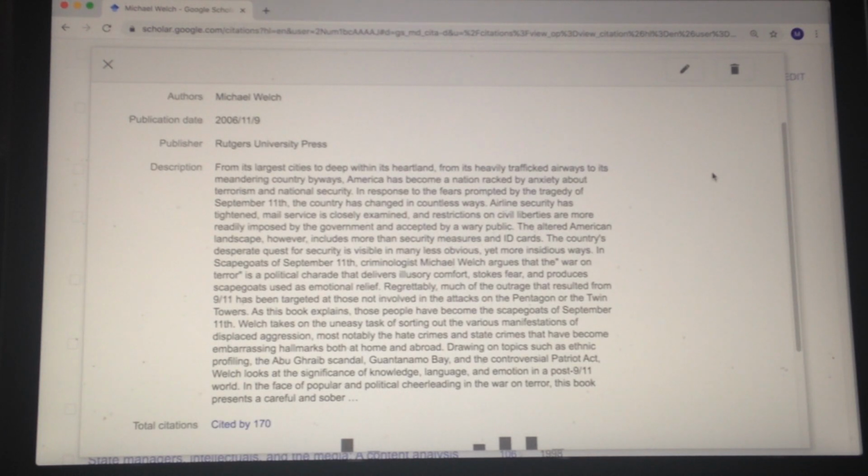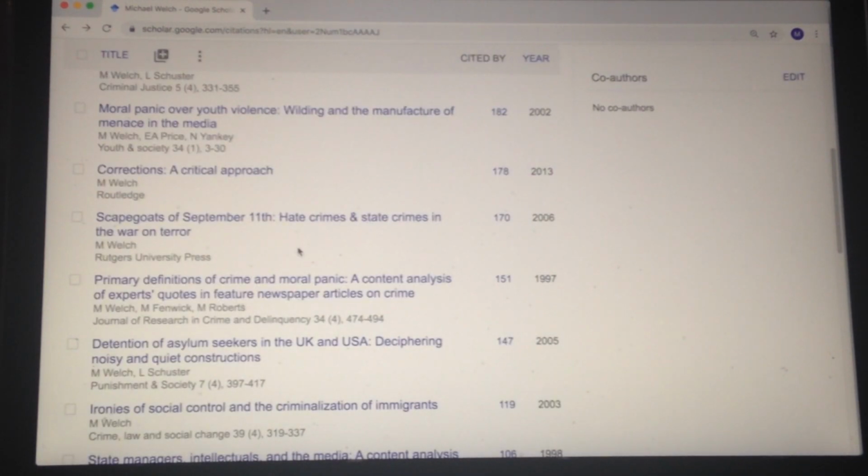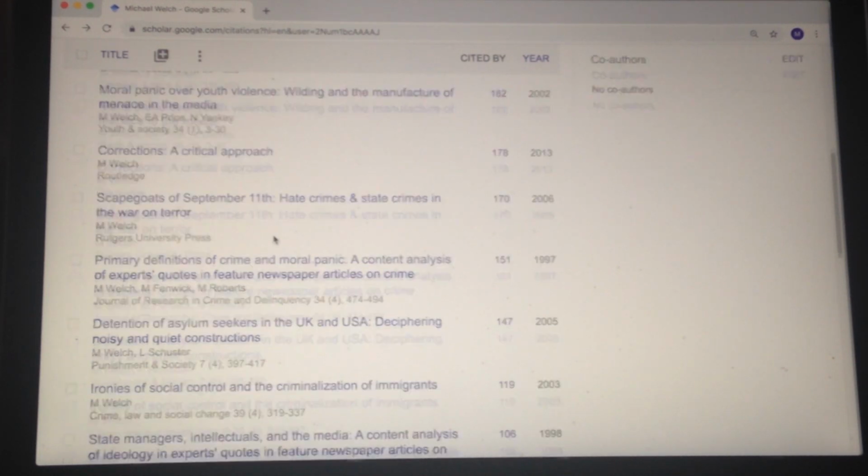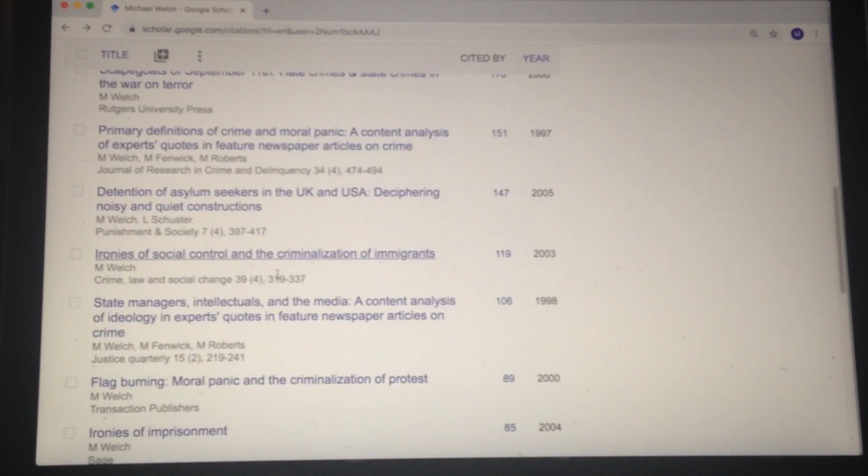As I mentioned a few moments ago, there is a period of American history before 9/11 and then the post-9/11 reality we live in with respect to the war on terror and these various techniques of torture and interrogation. So that's Scapegoats of September 11th. It was translated into Korean, if you want to read that version. It's one of the reasons I lectured in Seoul, South Korea. It was a book tour of sorts.